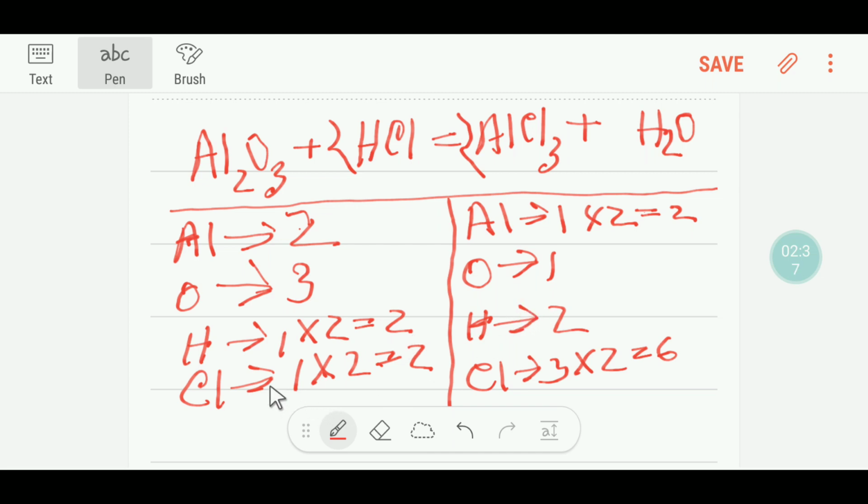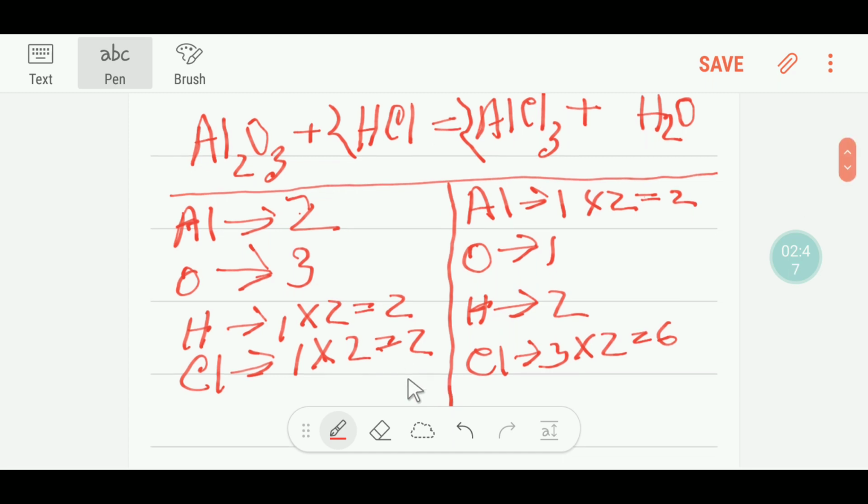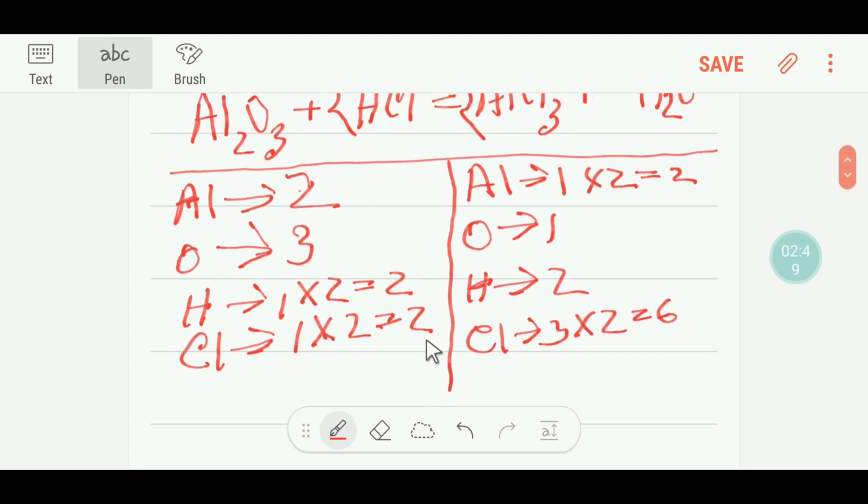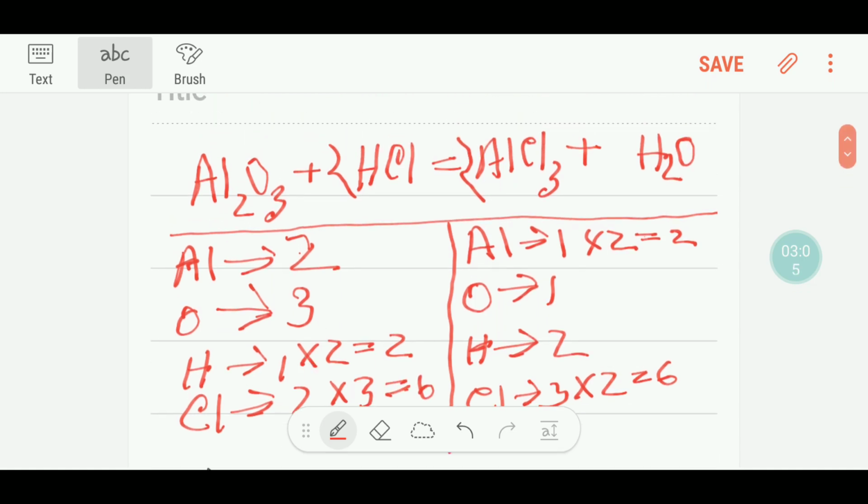Now our oxygen, here 3 oxygen, is not balanced. Our chlorine, 2 and 6, is not balanced. So to balance the chlorine, I can multiply here by 3. That gives me 6. We have 2 chlorine, right? I can multiply here by 3. That gives me 6. If I multiply here by 3, these 3 must come before this chlorine that is here, right?